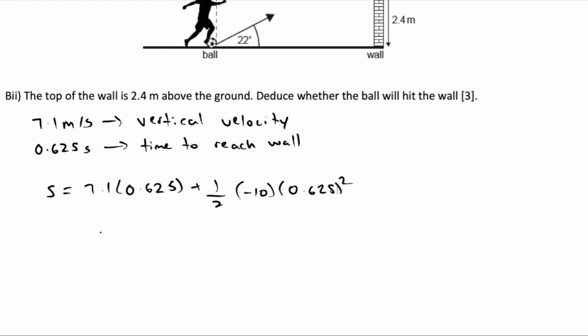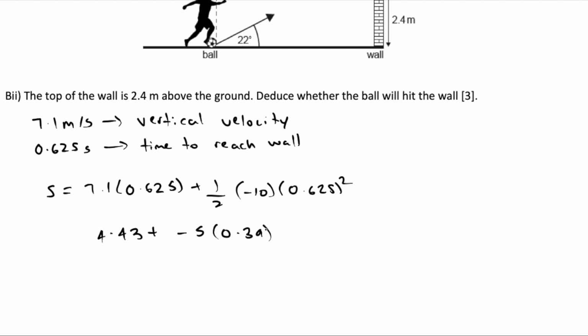So we get 7.1 multiplied by 0.625. We get the first part, which is 4.43, plus negative 5 times 0.39.